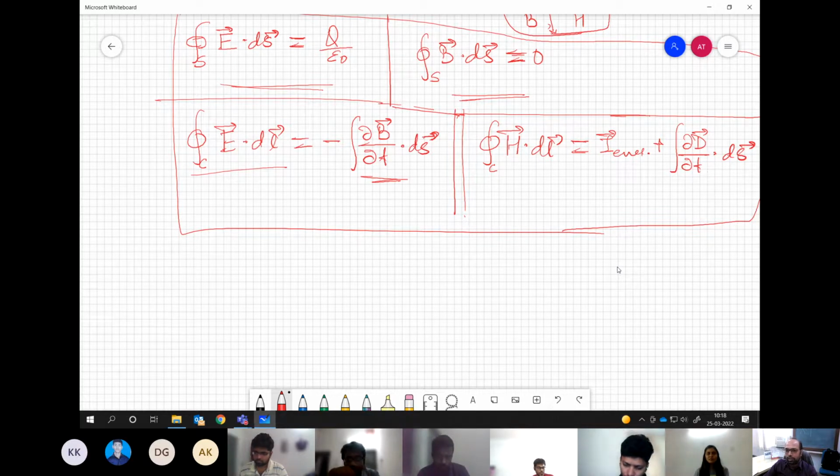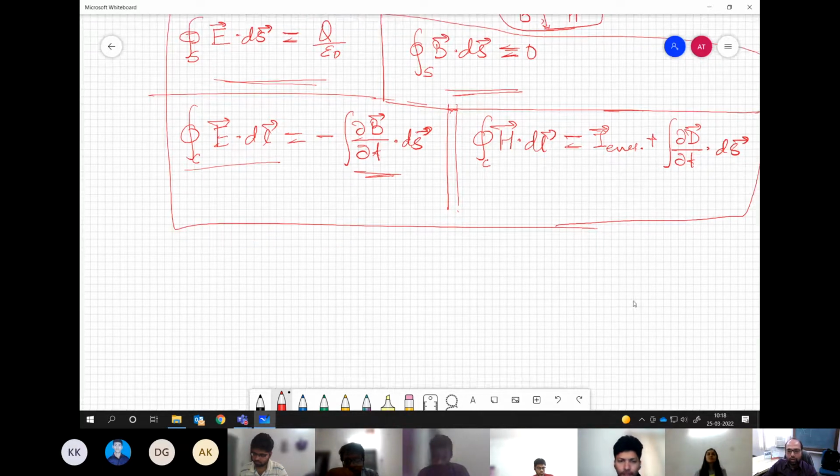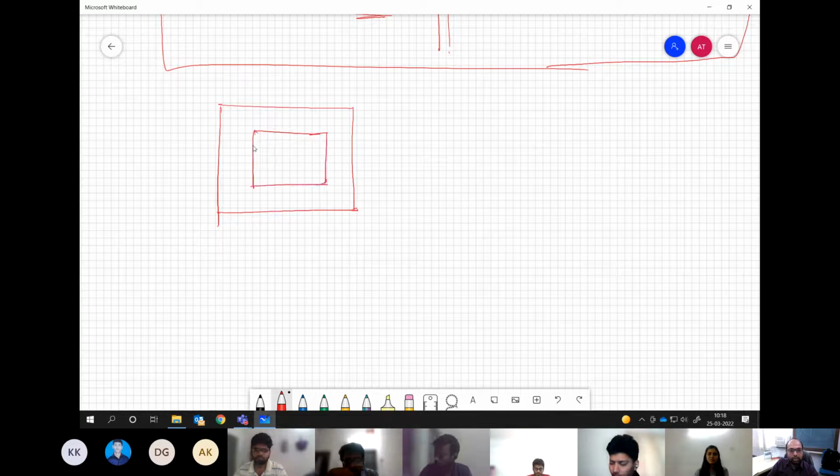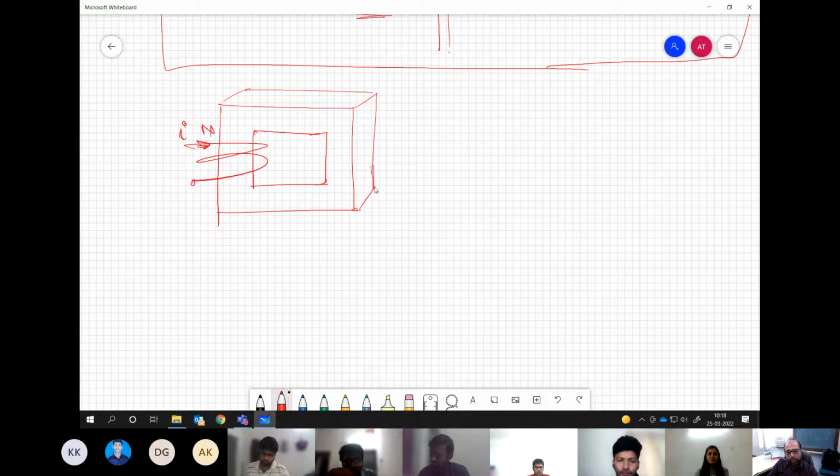This gives you the solution for flux or energy or anything else you want to compute in the system. Say we have a simple magnetic core with a coil over it, with n turns and current I flowing. First we need to know what we are trying to solve. We are trying to solve for the flux.